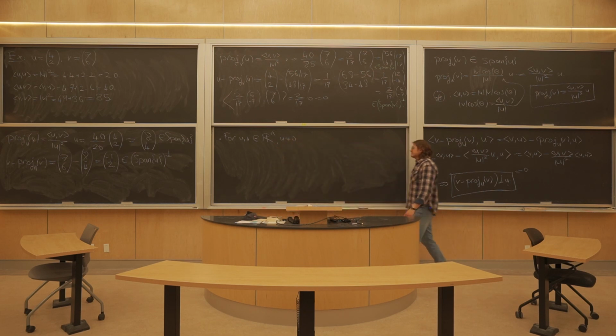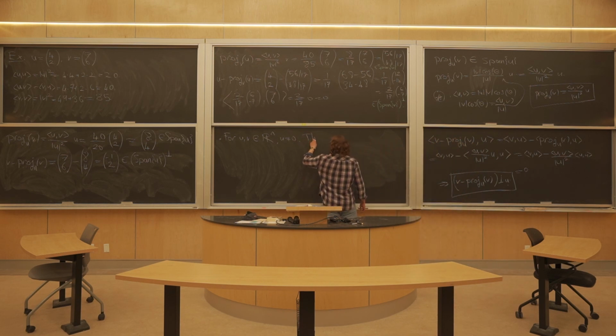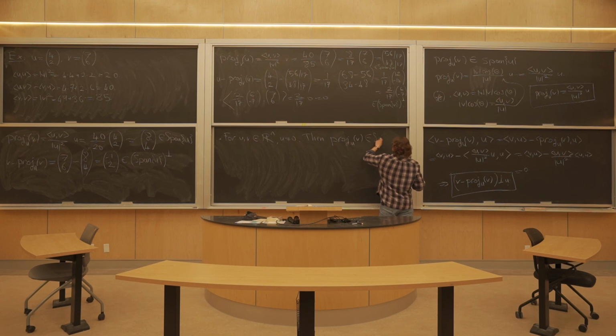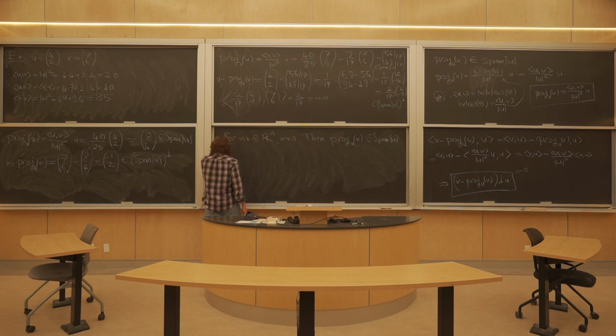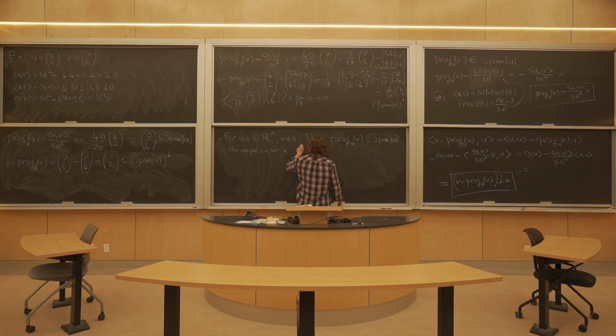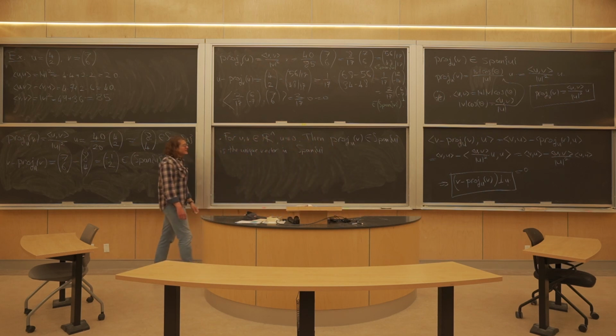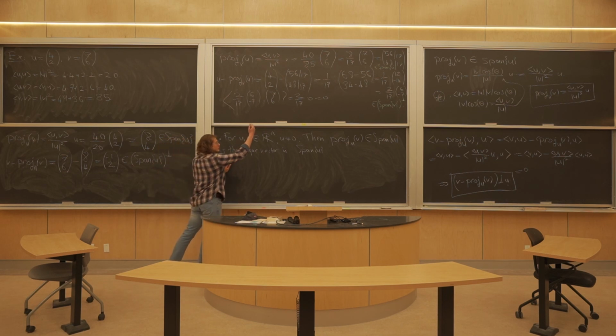Then the orthogonal projection of V onto the span of U, let me write it like this, then proj sub U of V, which is in the span of U, is the unique vector in this span that minimizes the distance to V.